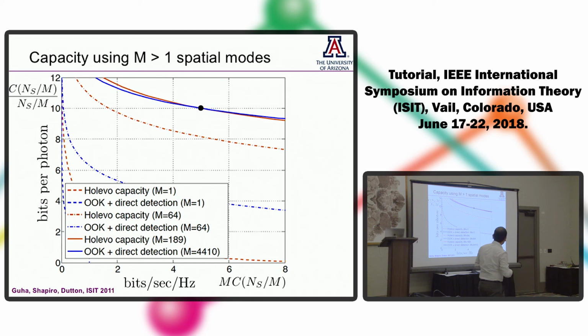This is a plot from a calculation we did that was inspired by free space communication in the near field regime. So instead of 4,500 modes, you will need about 189 spatial modes, which will translate to smaller apertures or longer distance, whichever way you might want to think about it, that will get you the same performance.